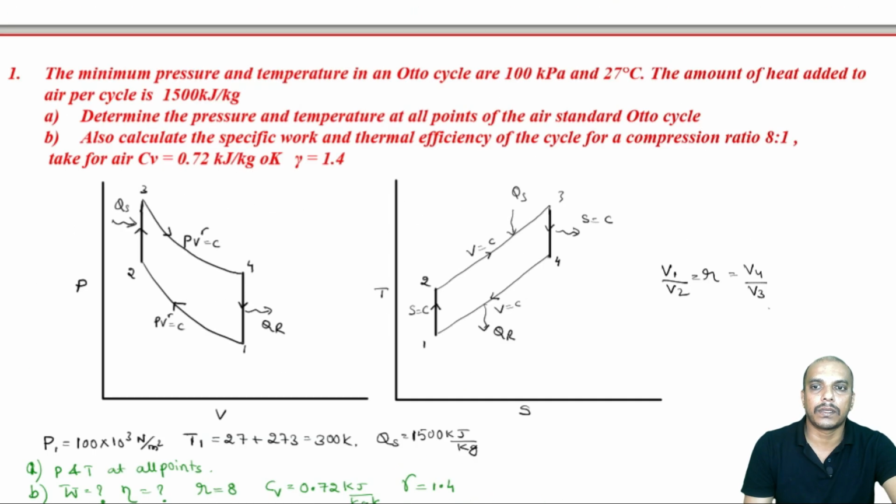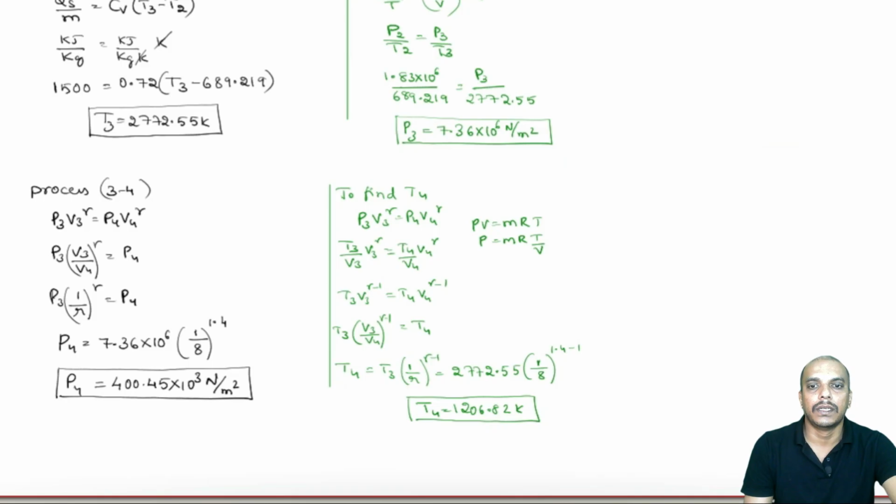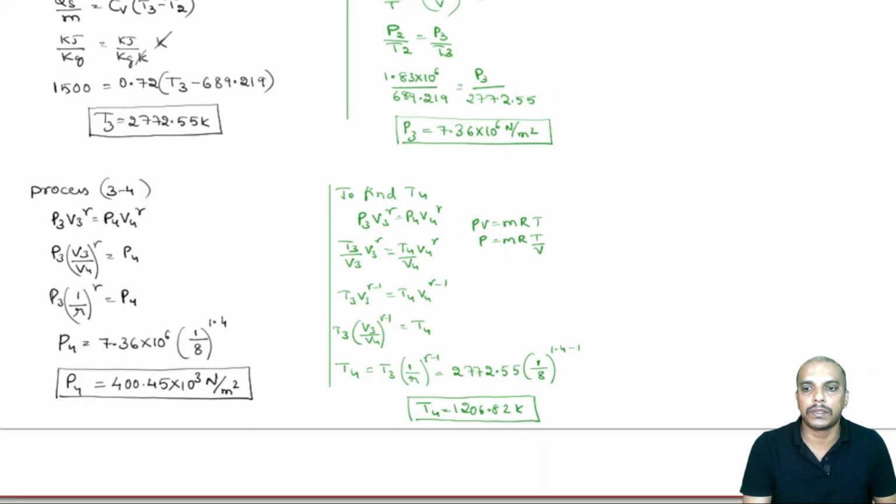Now let us go to sub question 2: also calculate efficiency and work transfer. Efficiency is readily available the moment you have the compression ratio. We can find it as 1 minus 1 by R power gamma minus 1, which is the equation for efficiency of an Otto cycle.